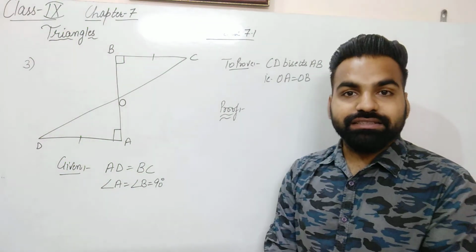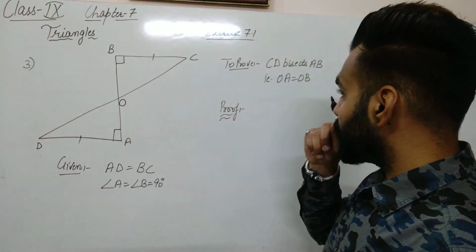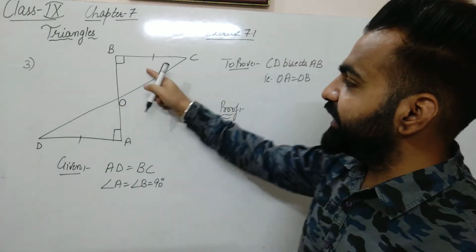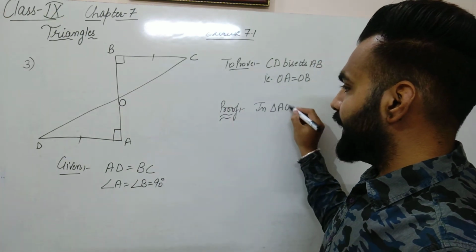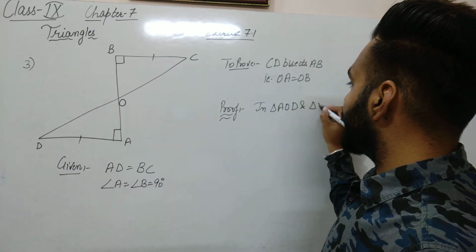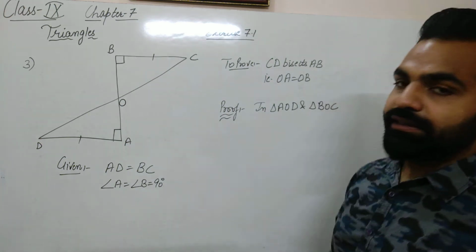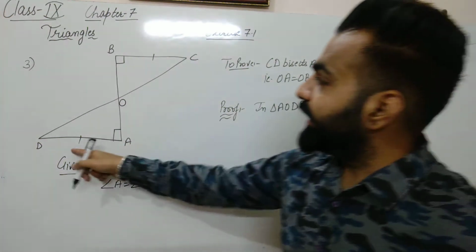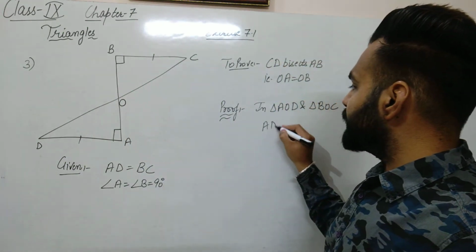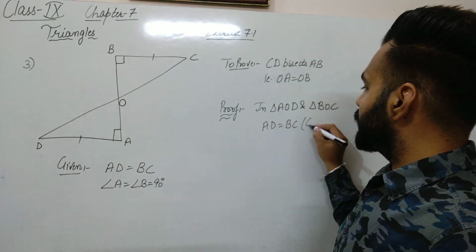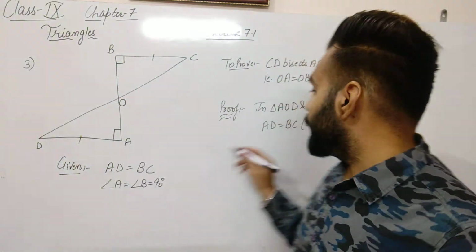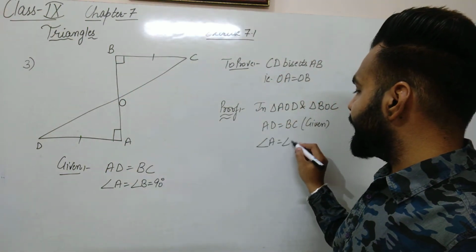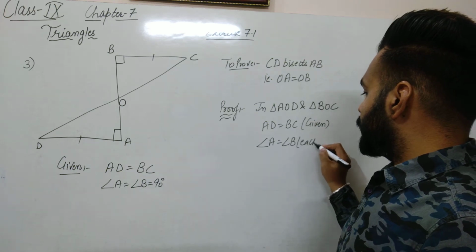So let's start the question here. So we will prove these two triangles congruent. So in triangle AOD and triangle BOC, we can see that AD is equal to BC. It is given. Angle A and angle B are equal because they are of each 90 degree.